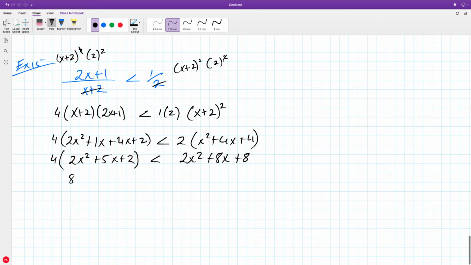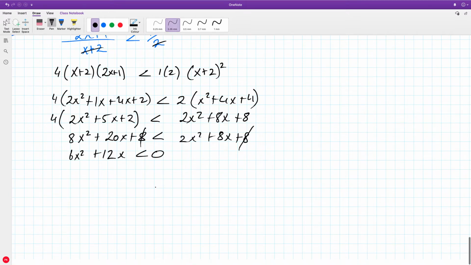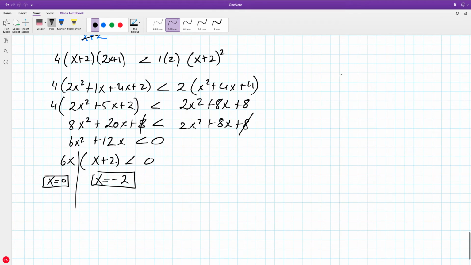That's 8x squared plus 20x plus 8, then 2x squared plus 8x plus 8. 8's cancelled, 2x squared comes over, 2x squared from 8x squared is 6x squared, 8x comes over, becomes plus 12x, 12x less than 0. Take out a common 6x, you have x plus 2 less than 0, line down the middle, x is equal to 0, x is equal to minus 2. Draw your graph.